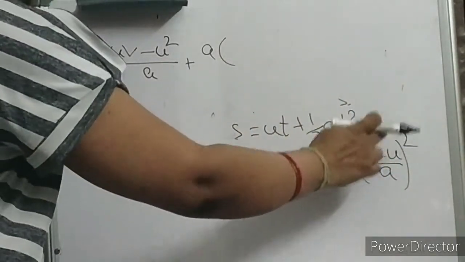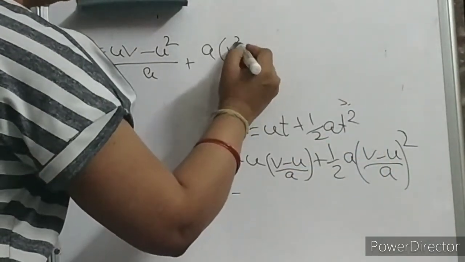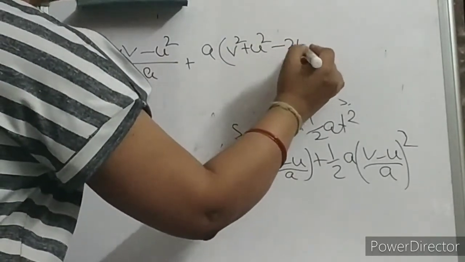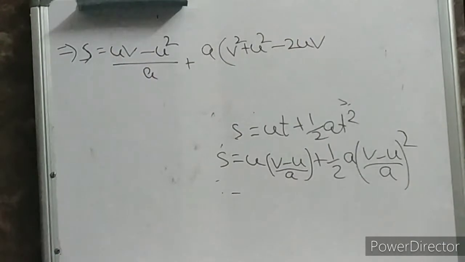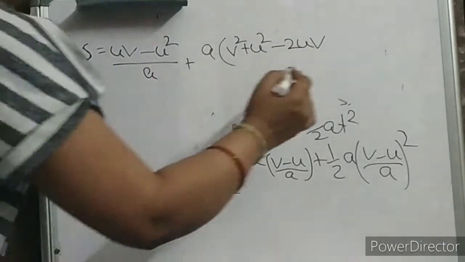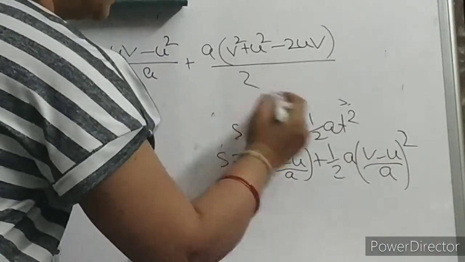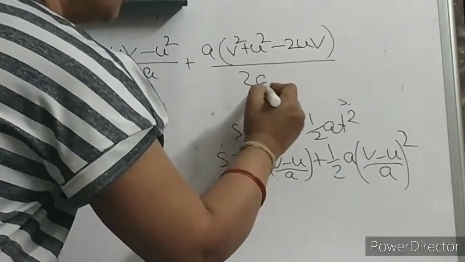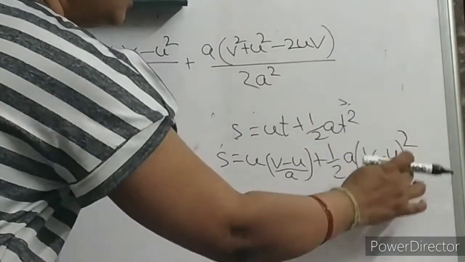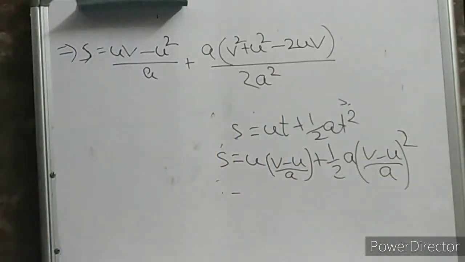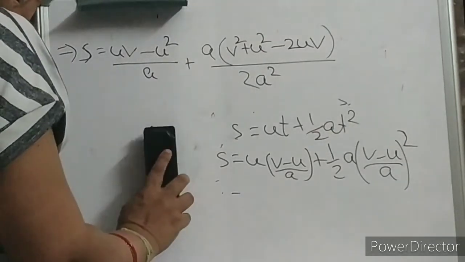So this is V minus U whole square, which gives V square plus U square minus 2UV, divided by 2A square, because it is A whole square also.